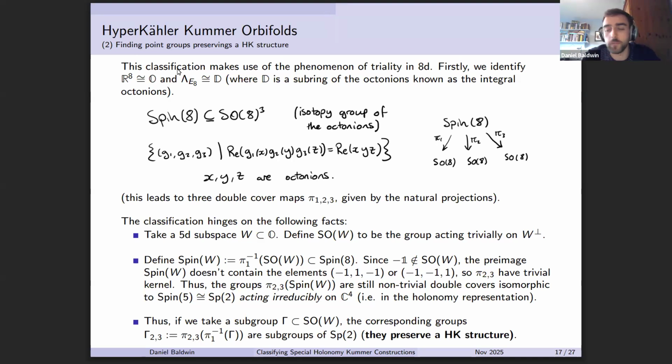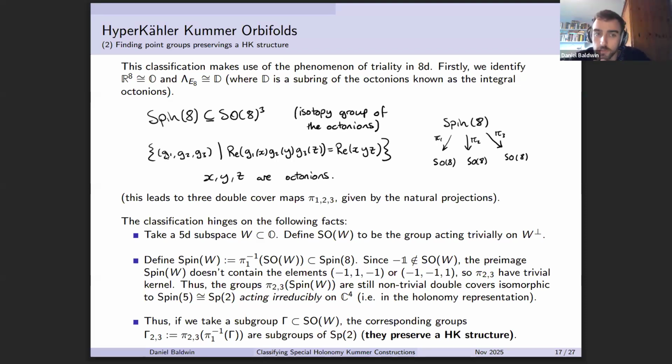I'll call that D; it's isomorphic to the E8 lattice, but also a subring of the octonions. Then Spin(8) is the isotopy group of the octonions, and it can be defined as a subgroup of SO(8) cubed.